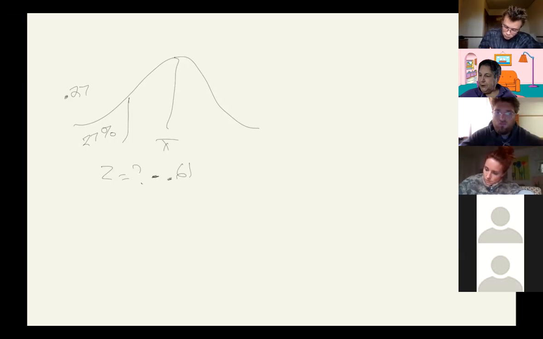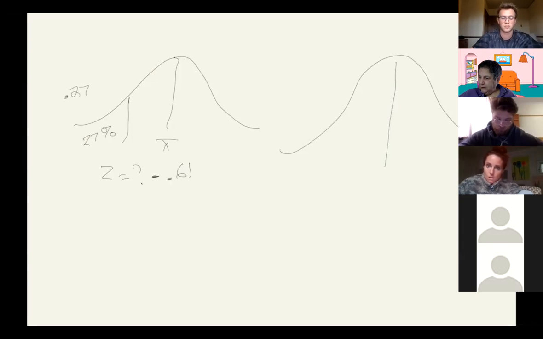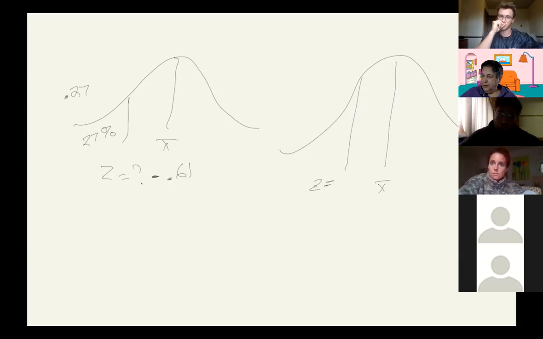Let's do another one. What percentage of the normal curve is between the mean and the z-score of negative 1.07? So we have a mean, we have a negative z-score of z equals negative, what did I say? 1.07.